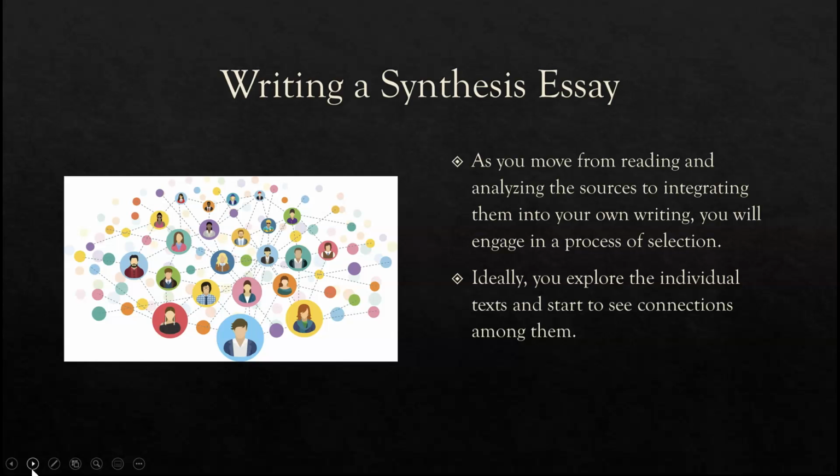So you need to very strategically pick what you're going to say within your synthesis essay, because if you don't, you can be left with sources that don't do the most for your argument that they could.